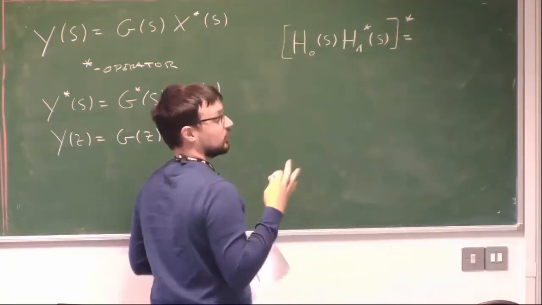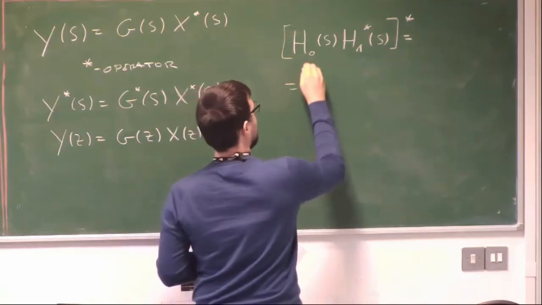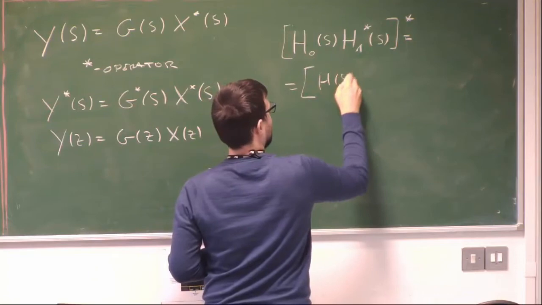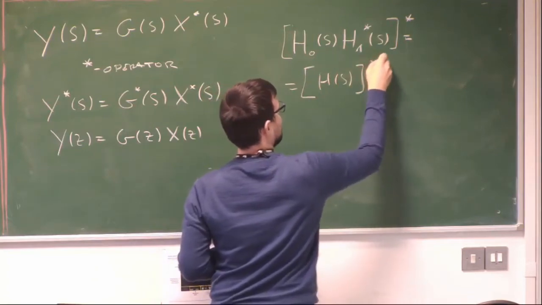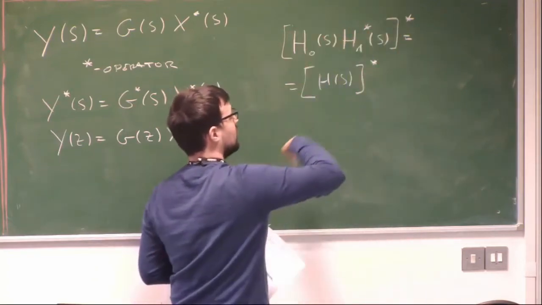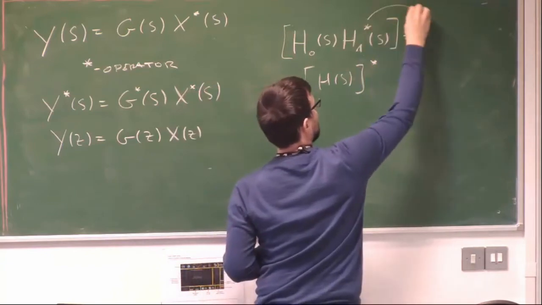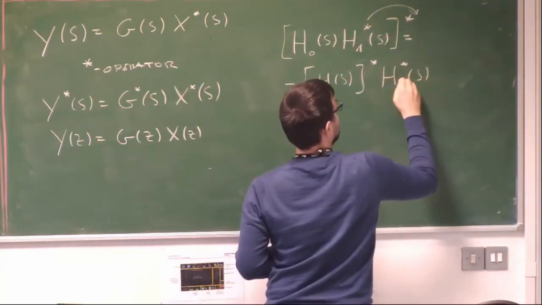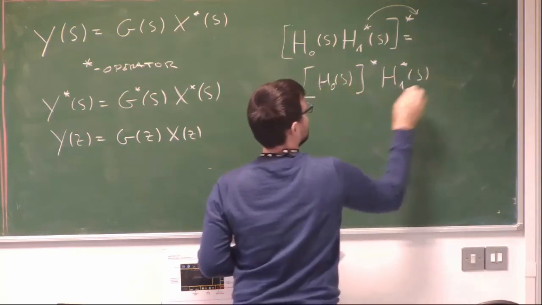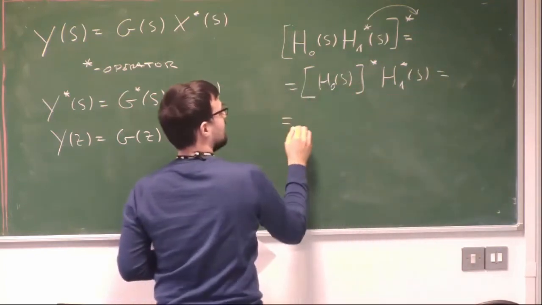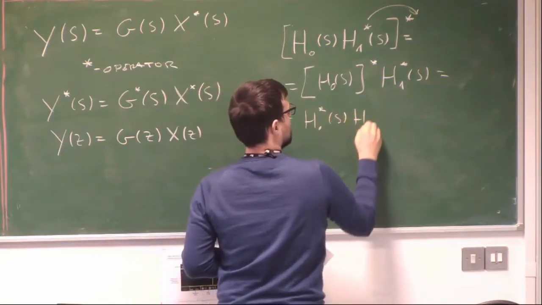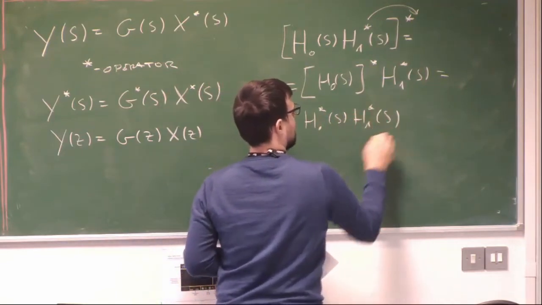It works as follows: h1 star of s stays inside this star operation and can be brought outside the star operator, so this is actually equal to h0 star of s times h1 star of s.